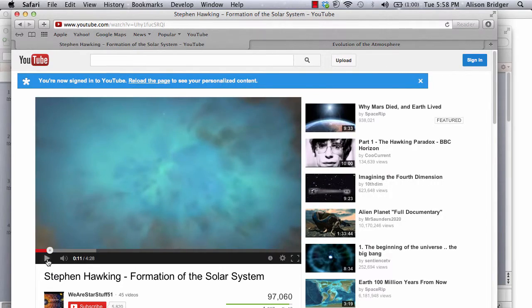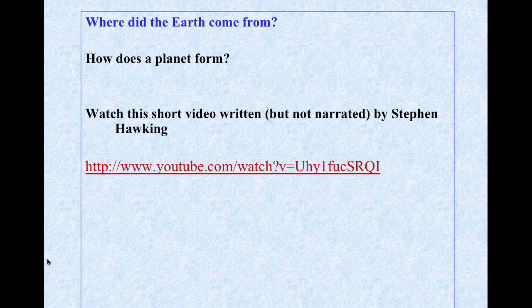Alright, so what you will see from this is that out there in the universe there is a bunch of what is called interstellar gas, and there's also a bunch of dust, and by various mechanisms that can all form a blob which rotates because of gravity, and gradually those bits and pieces of dust coalesce to form small rocks which bump into each other to form bigger rocks, and eventually you have a solar system with a planet or a series of planets going around in orbit around the sun.